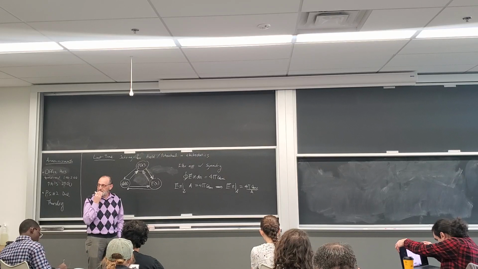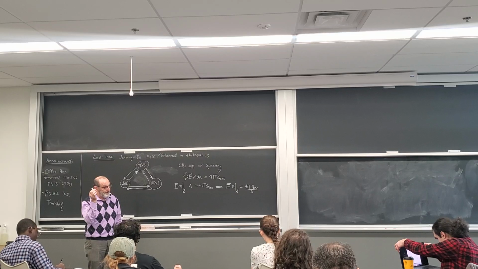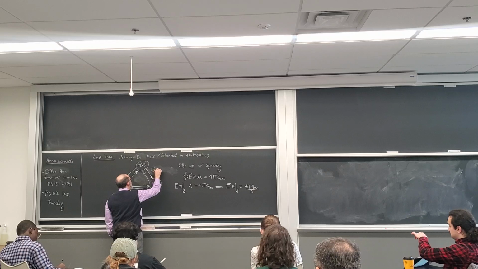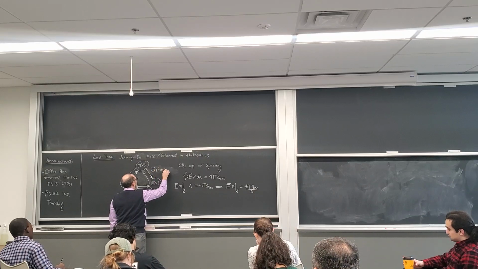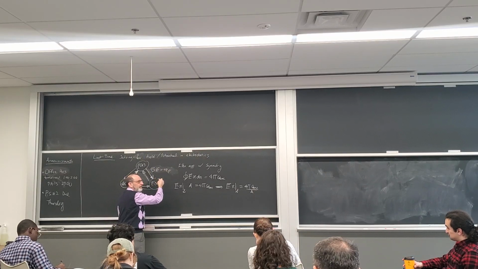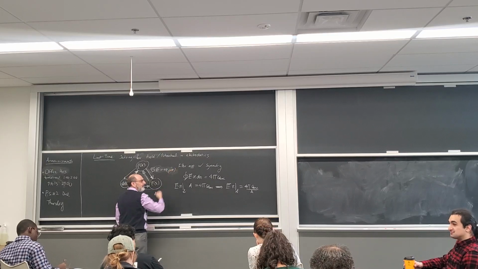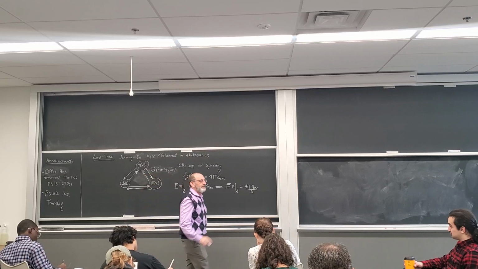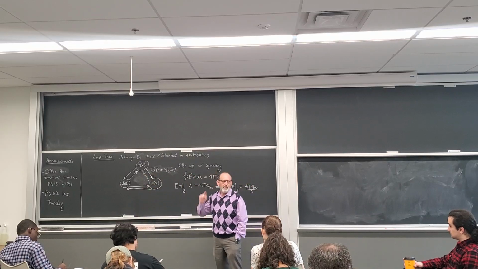There's Gauss's law, the differential form of Gauss's law, right? So we know that the divergence of E is 4 pi rho. So we just have to find the local divergence, divide by 4 pi, and that gives us rho. So the divergence of E determines rho.